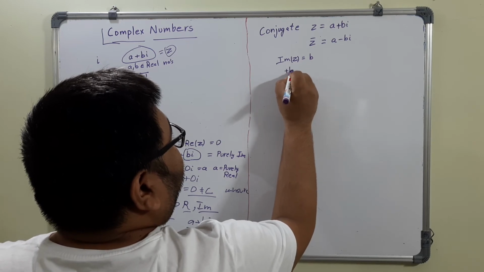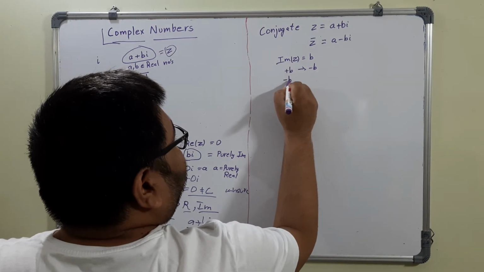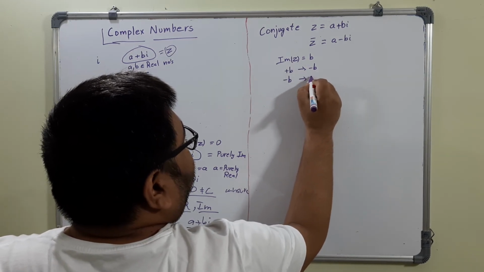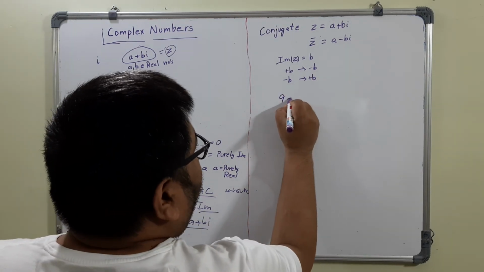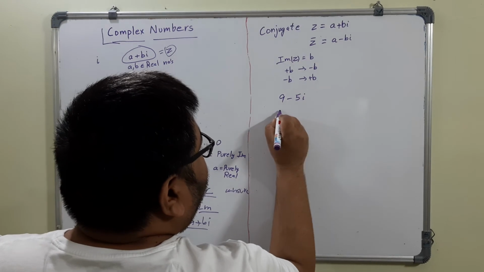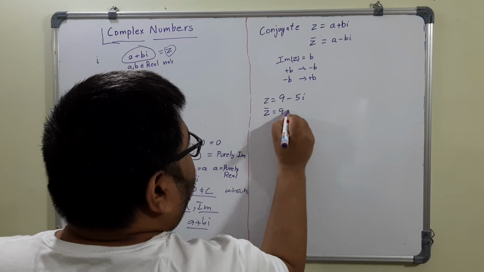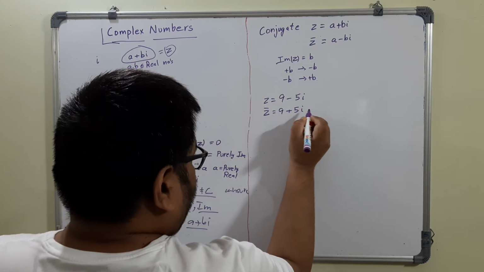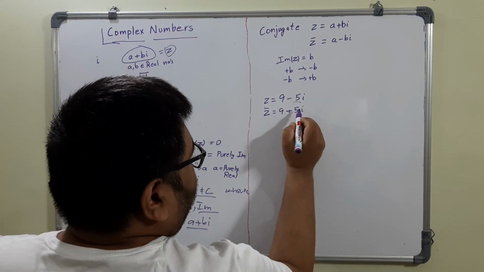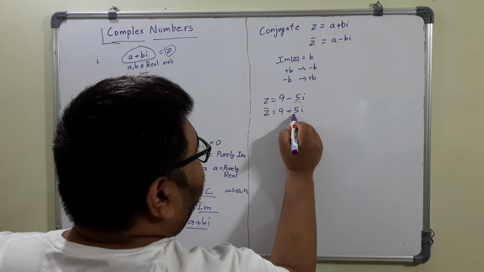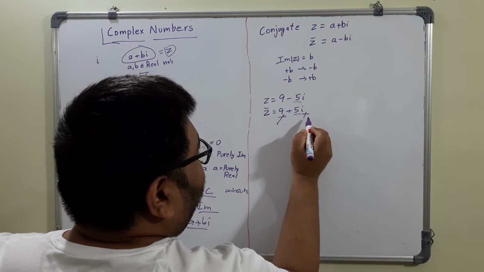If it is plus b, it will be converted into minus b, and if it is minus b, it will be converted into plus b. So for any number, say 9 - 5i, the conjugate would be 9 + 5i. Only the sign of the imaginary part is changed, and the real part is not changed, and i is also not changed.